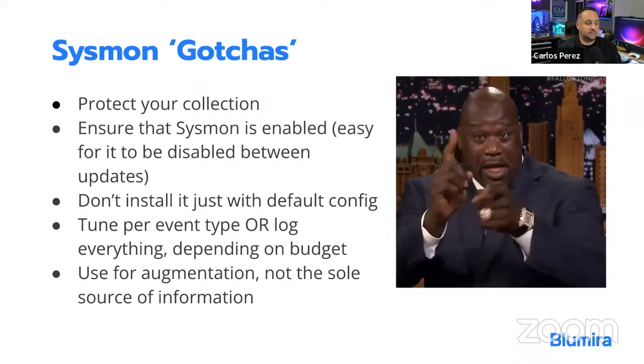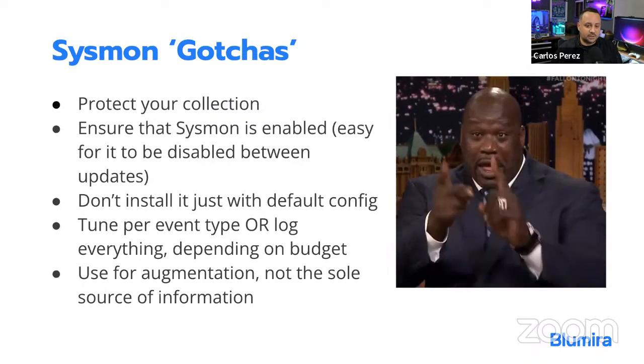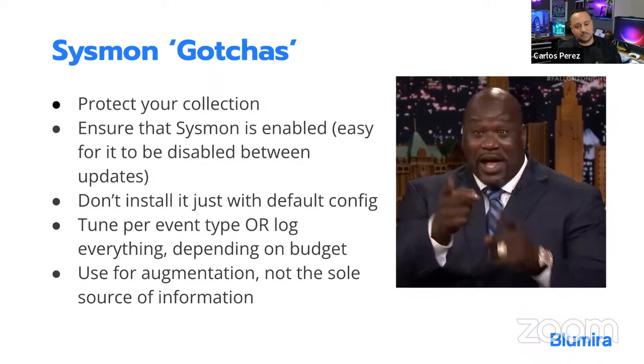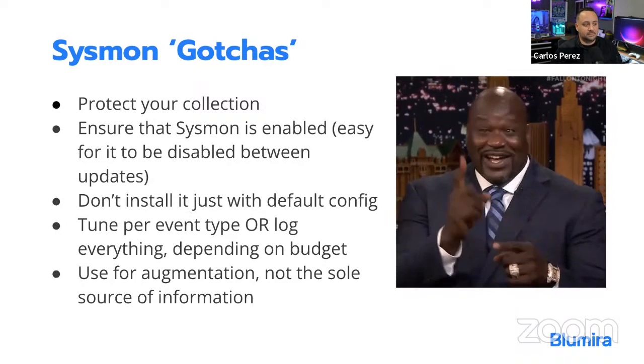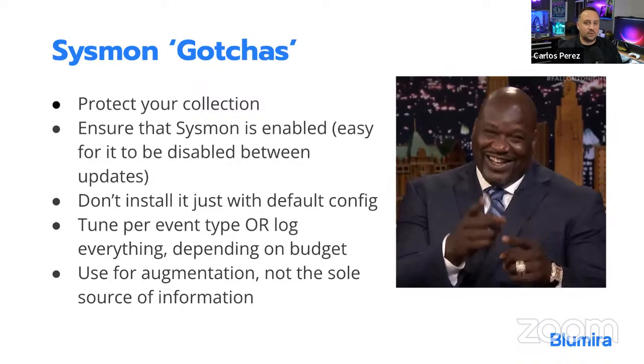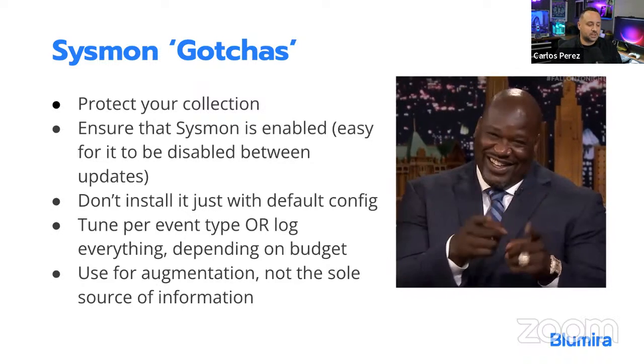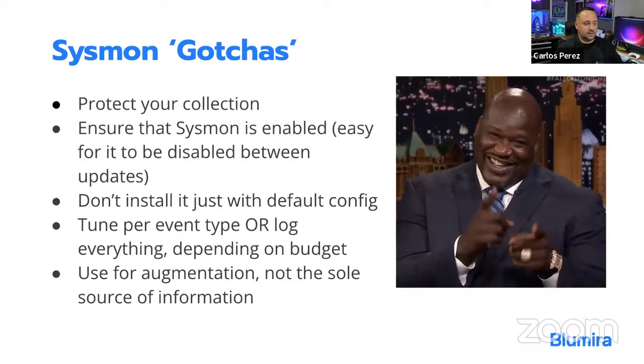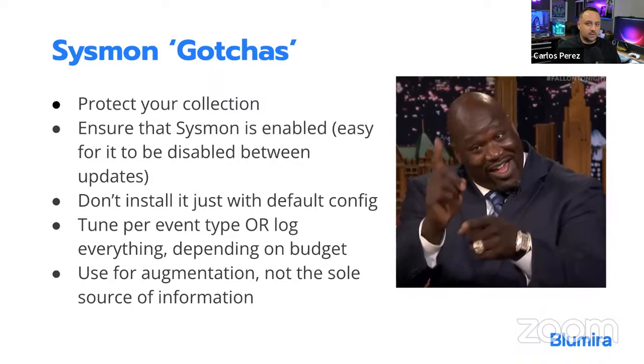So what happens if I'm not using SHA-256, and I'm using SHA-1 in my SOC for threat hunting? It doesn't jive there. A lot of logs, a lot of noise. That means that I need to parse. So it's important not to go with that default config. Go in and tune it specifically for what you need.